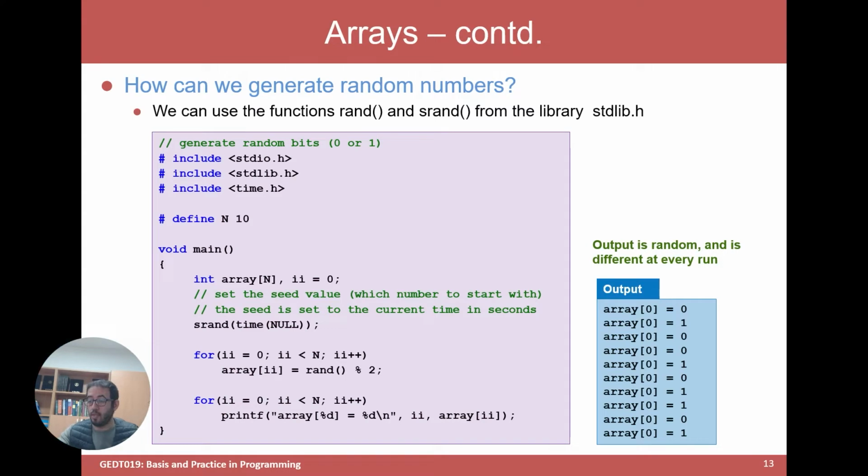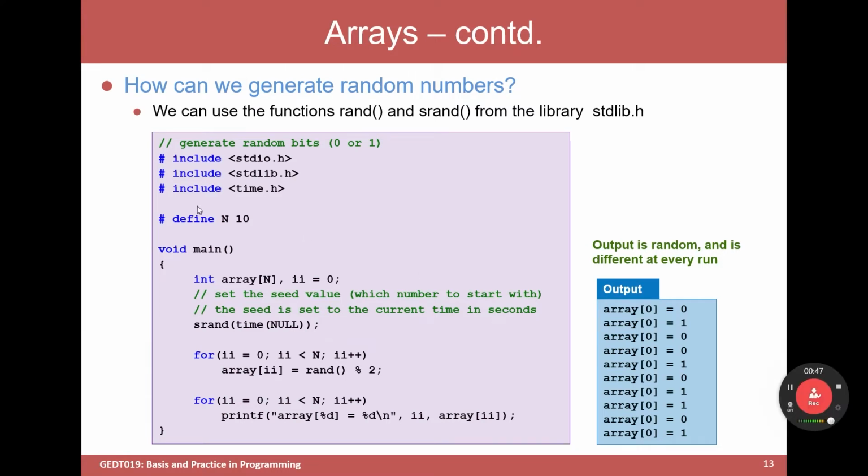So let's see here. In this example, the most important thing is to use the rand function to generate some random numbers. And we call the seed of the random number. It is important to give some seed.